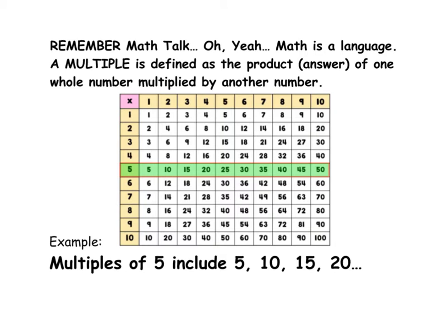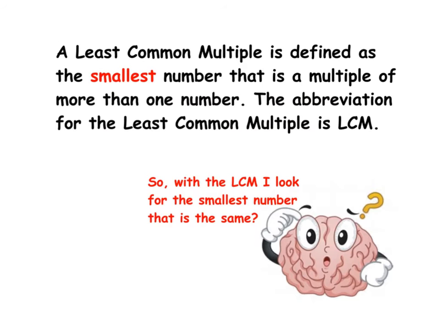Please know that multiples are also described as counting by numbers. In fact, when you were in elementary school, when your teacher asked you to count by 5, and you practiced 5, 10, 15, 20, you were not only counting by 5, but you are listing the multiples of 5. And it means the same thing.